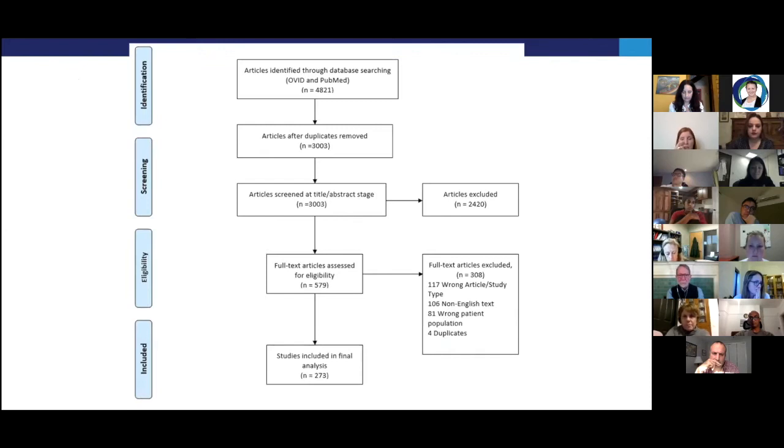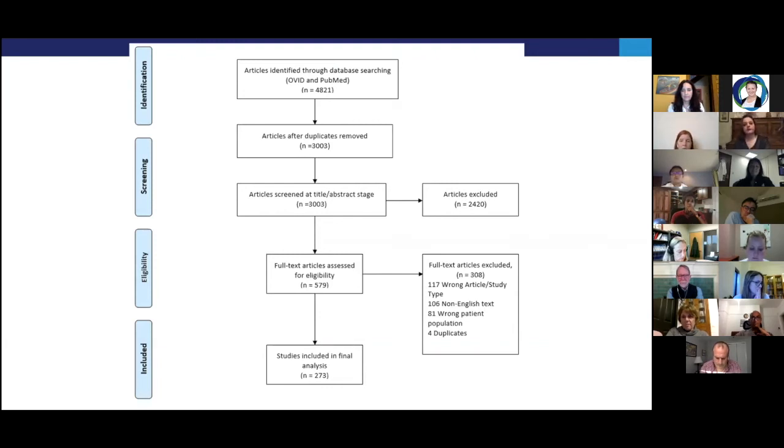So this is our literature review. We're doing a scoping review. We have identified 4,821 articles through an OVID and PubMed search. After duplicates were removed, we had a little over 3,000. And through screening with a wonderful group that I have that we meet twice a month, we have excluded about 2,400 articles and narrowed that further down to 579.